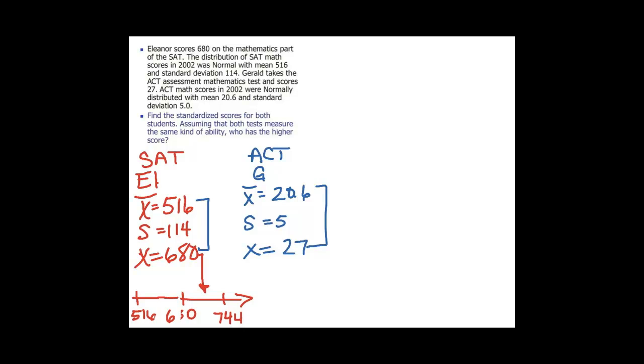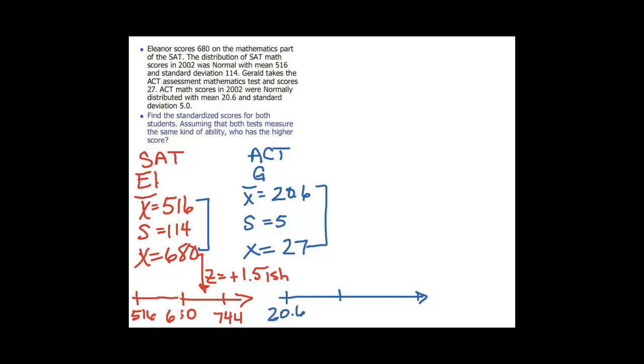Okay, so Eleanor is going to have a z-score of a positive 1 point, let's see, it's about halfway, 50 above that, yeah, about halfway-ish above the mean. All right, Gerald, same game. I'm only going to worry about the positive side of his score. There was a mean of 20.6.